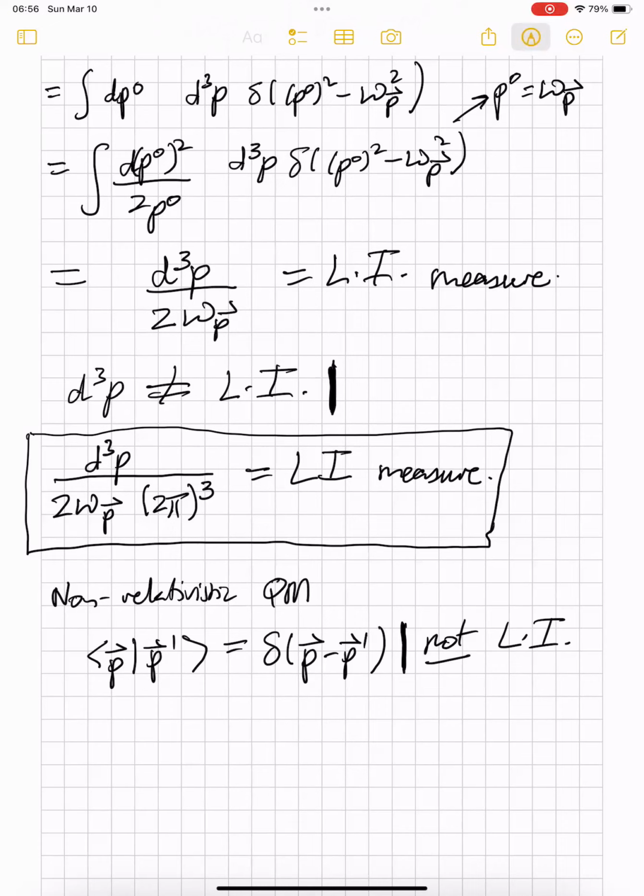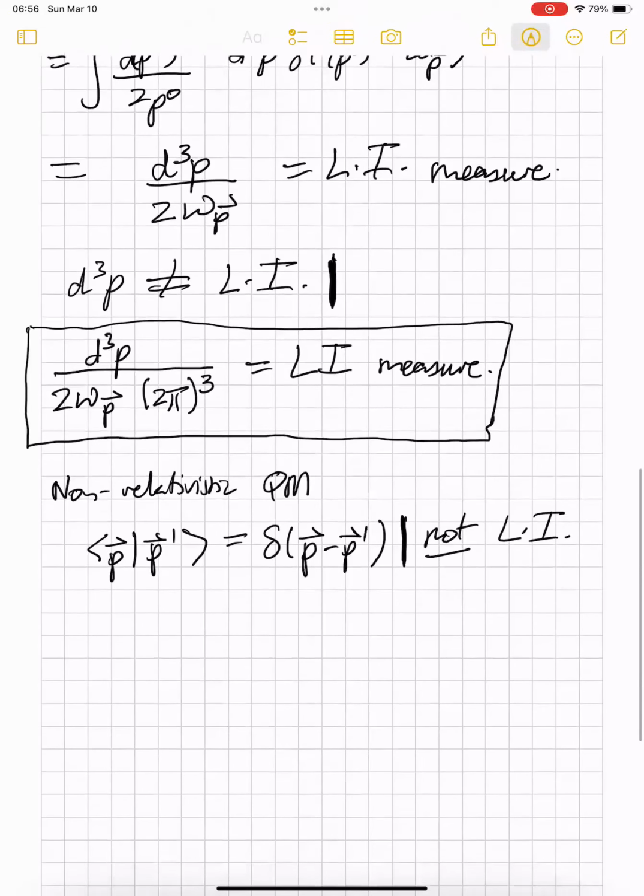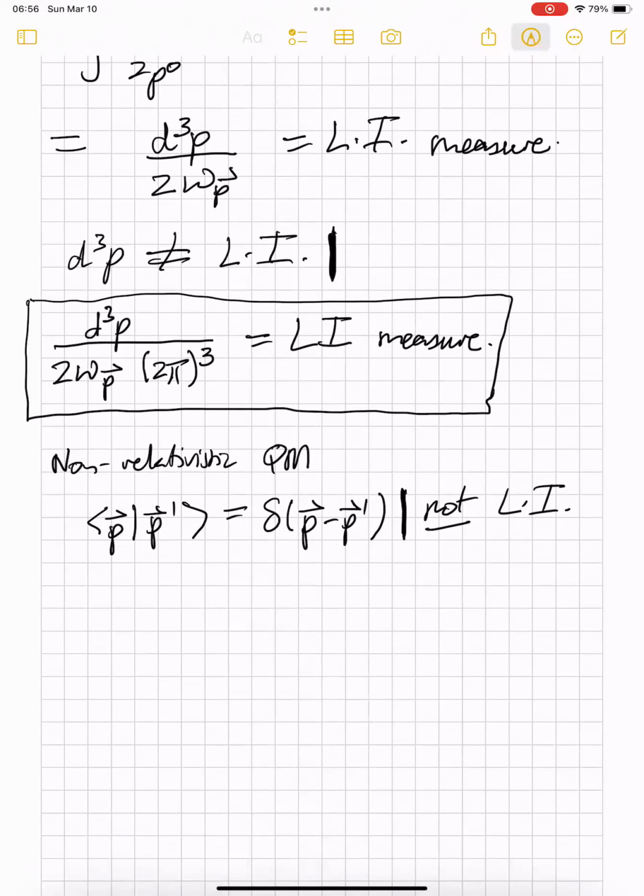If we want to make d3p Lorentz invariant, we must divide by 2 omega p. We know the delta function and the measure transform oppositely. We just reviewed that. So if we want a Lorentz invariant normalization, we should multiply the delta function by 2 omega p. Remember, the delta function and the measure always transform oppositely.